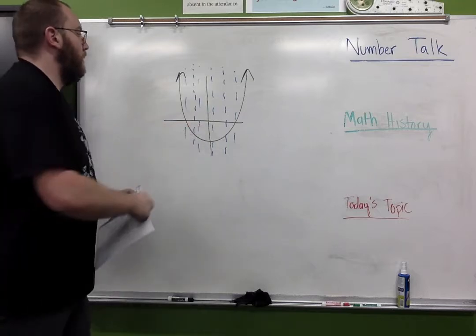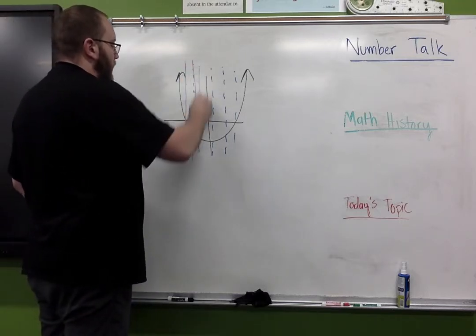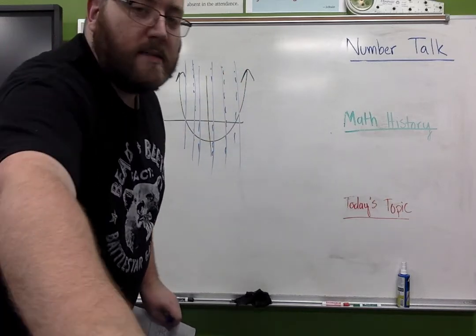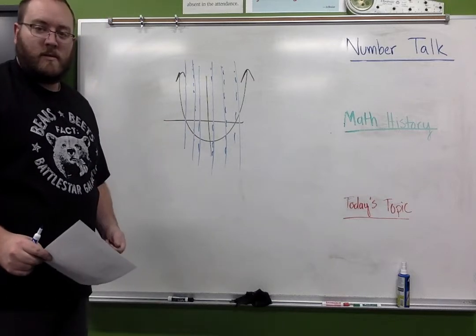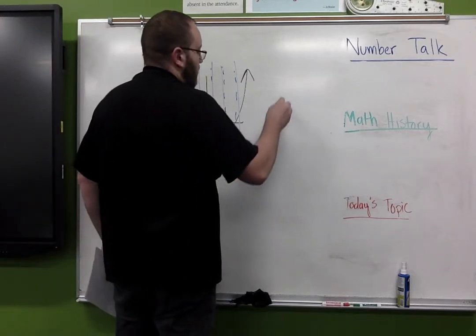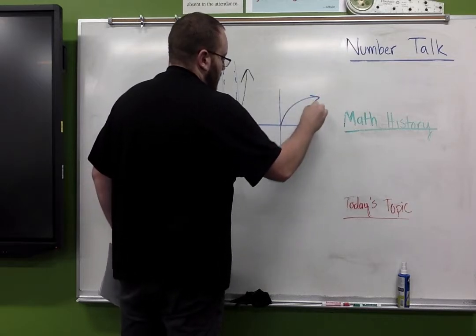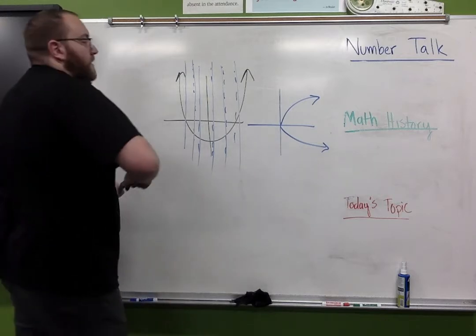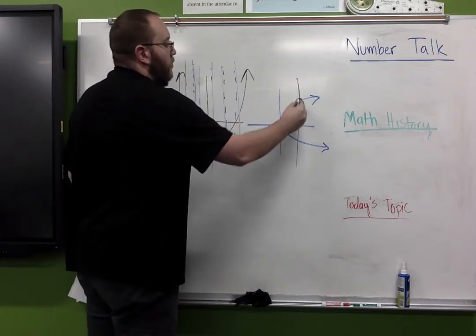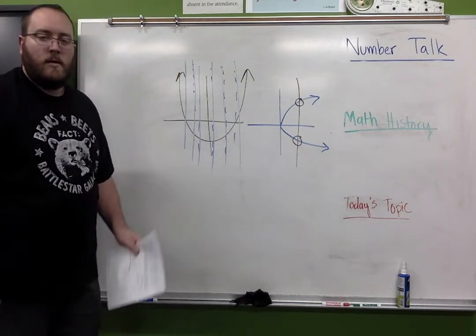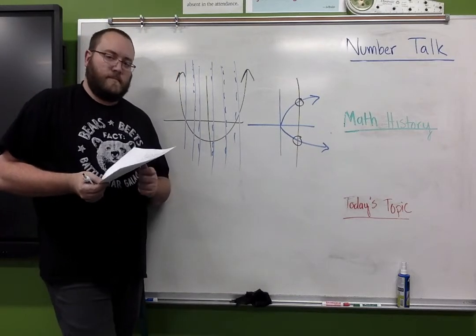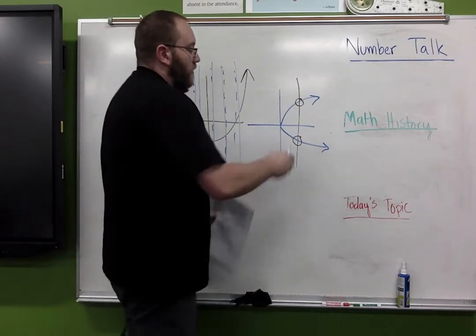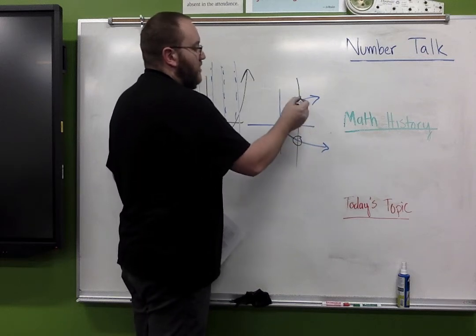Every vertical line only crosses the graph once. This is a function. Okay, now if I did this, and do a vertical line test, oh, it crossed twice. Okay, that means that it's not a function. And it comes from this x value right here having two y values.